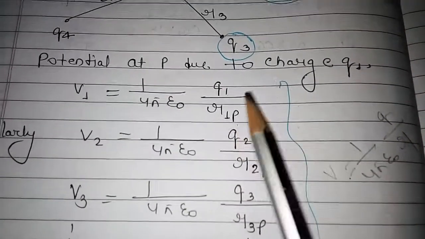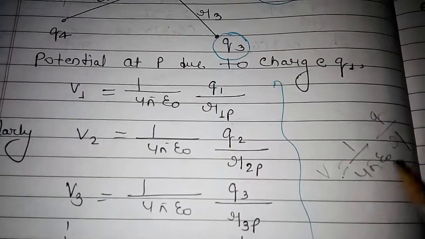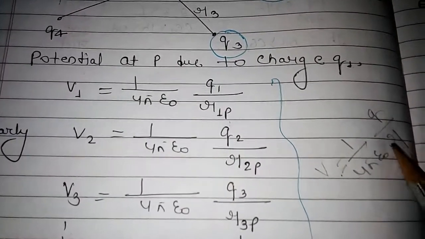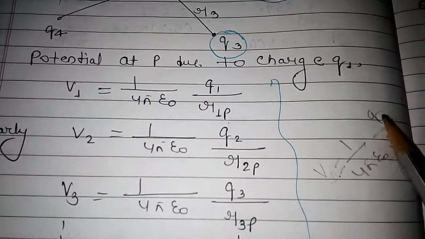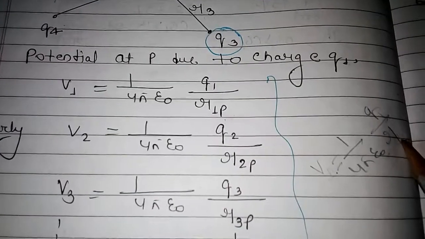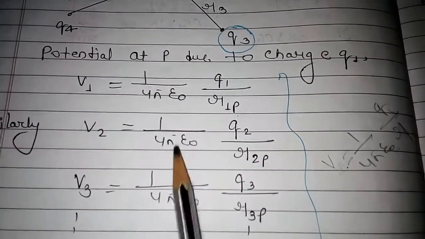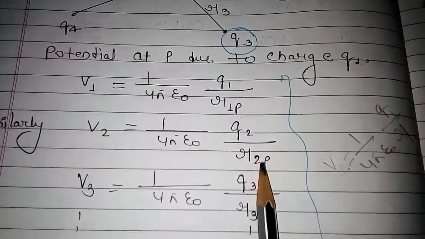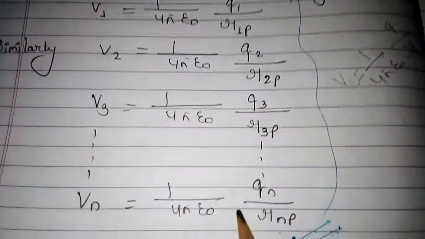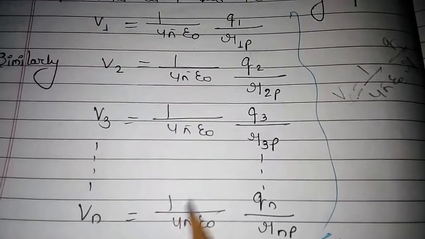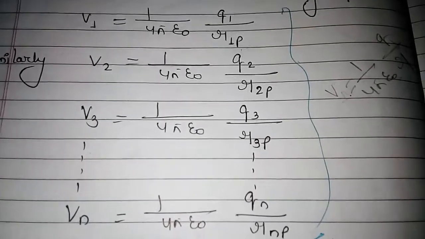So this is the general formula of potential, V is equal to 1 upon 4 pi epsilon naught Q upon R. So for V1 we will take Q1 and R1P here. Similarly, V2 is equal to 1 upon 4 pi epsilon naught Q2 upon R2P, V3 is 1 upon 4 pi epsilon naught Q3 upon R3P, and for Vn it is 1 upon 4 pi epsilon naught Qn upon RnP.